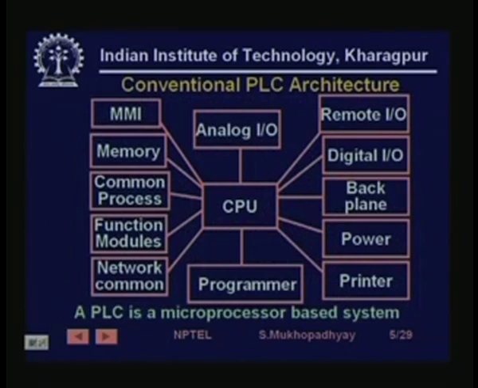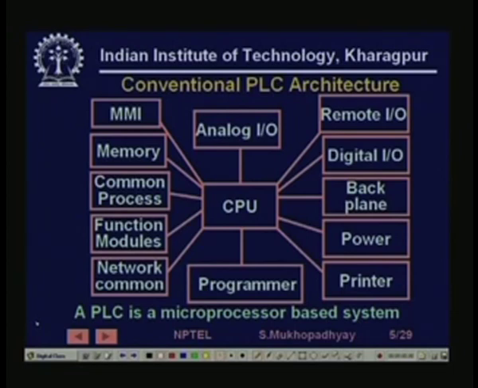As I have said, a PLC is basically a microprocessor based system. As we know, a microprocessor based system will have major components: number 1, CPU; number 2, memory; number 3, input output; number 4, power; and number 5, the buses, right.